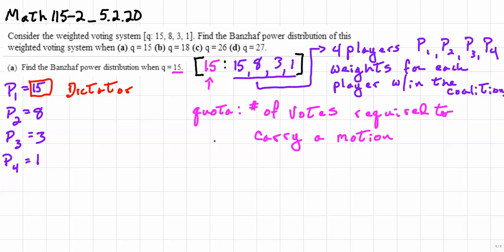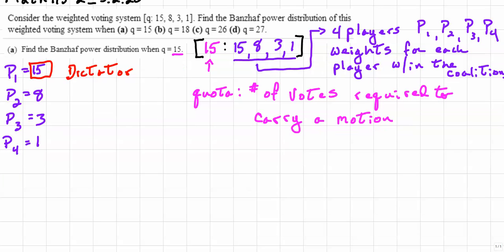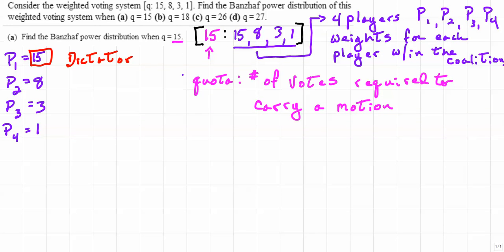And what we're going to do is identify winning coalitions now. To identify the winning coalitions, we look at the sums of the weighted votes and make sure that they are greater than or equal to 15. This allows us to have a winning coalition. So we start by looking at what our winning coalitions are going to be.